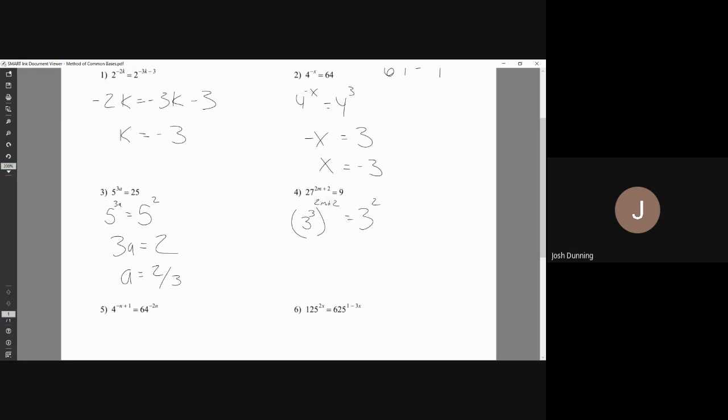3 squared is 9. And now this is part of the reason why we reviewed those exponent rules. Power to a power, I multiply. But we got to multiply that 3 by both the 2m and the 2. So we're distributing here, kind of.